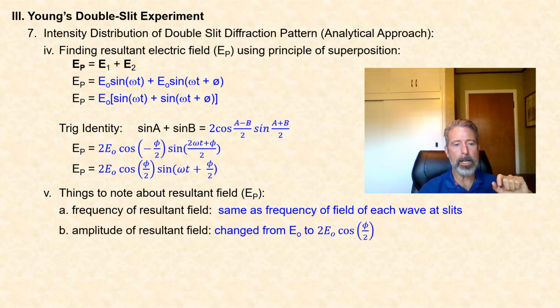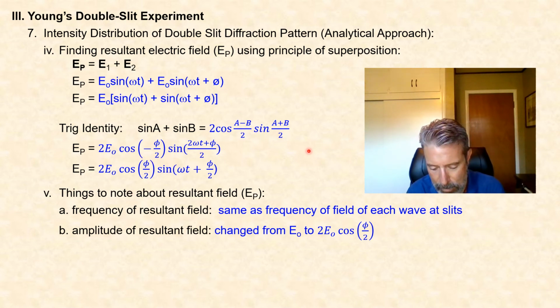No surprise there. The amplitude of the resultant field has been changed, whereas the amplitude of each of the waves emitted from the slits was E naught. Notice that the amplitude of the resultant field goes from E naught to 2 E naught cosine of phi over 2.